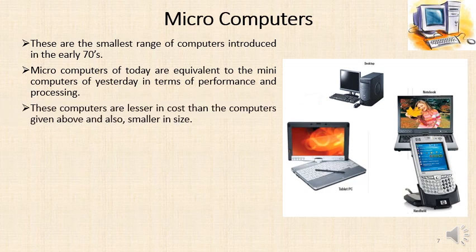These computers are lesser in cost than the computers given above, meaning they are less expensive as compared to minicomputers, mainframe computers, and of course supercomputers. They are also smaller in size as compared to the other types of digital computers.